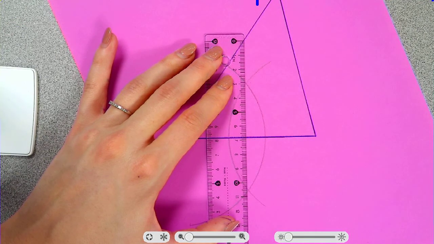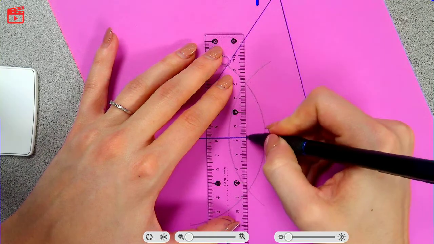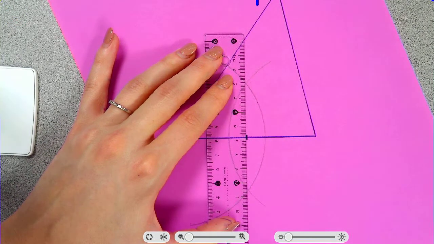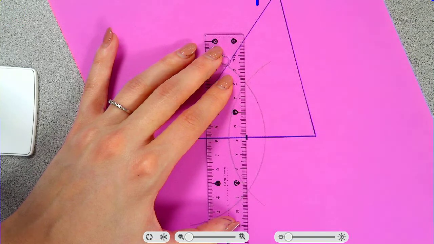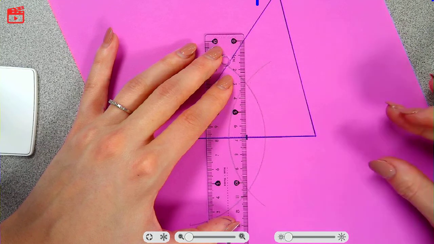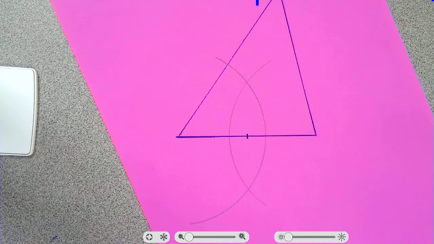Now, your midpoint is on the side, correct? So all you're going to do is make a little mark right there on the side. Do y'all see how I did that? I technically connected them with my ruler, but I didn't draw a line. I just made a point where it's on the side of the triangle. And then take this off.